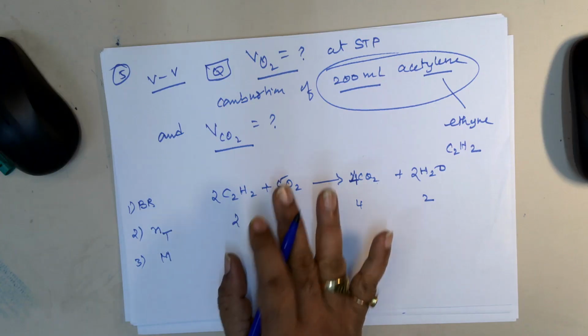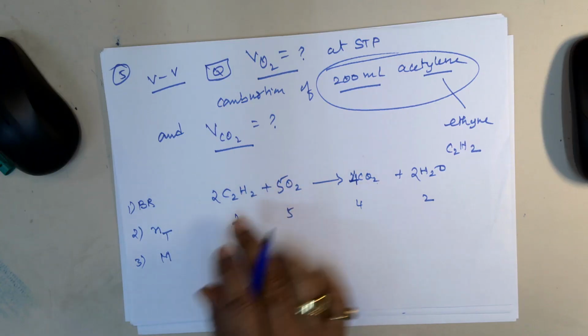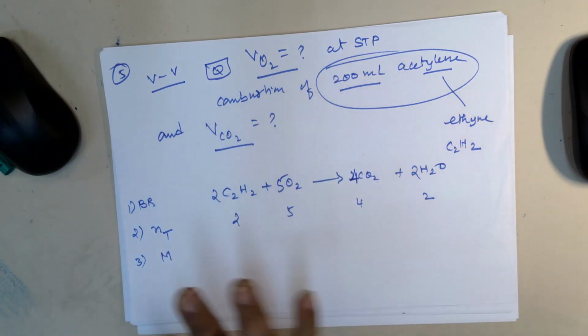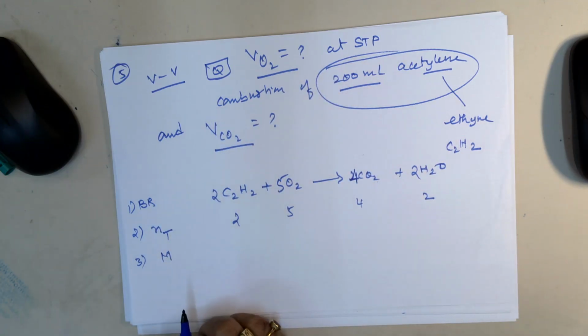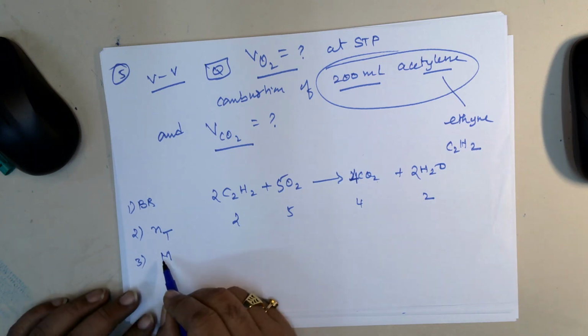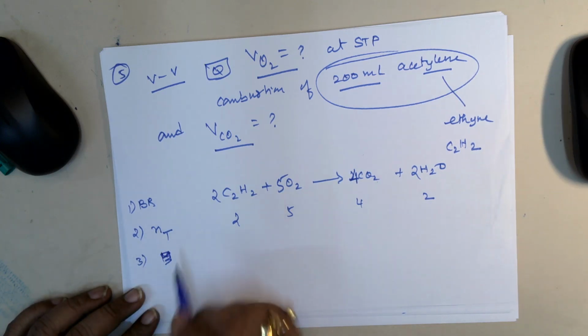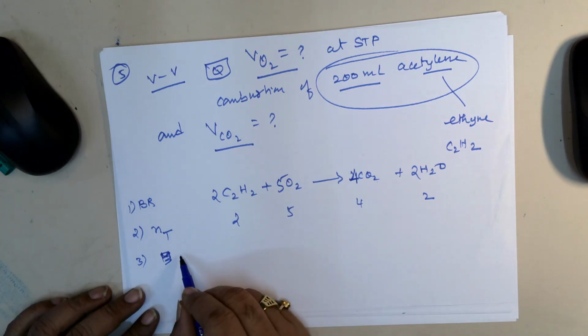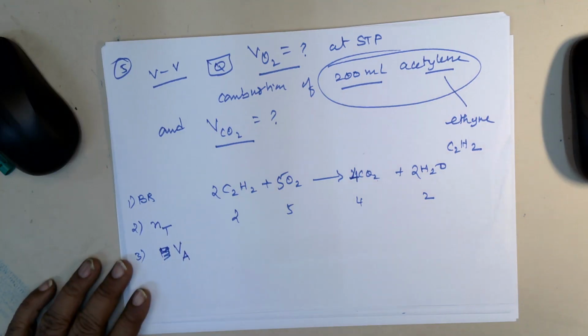Now, instead you can do one thing, because there is no weight required here. All are asked in volume only. So now what we can do is we can straight away go ahead with the volume. Let us introduce the Avogadro's volume, Va.